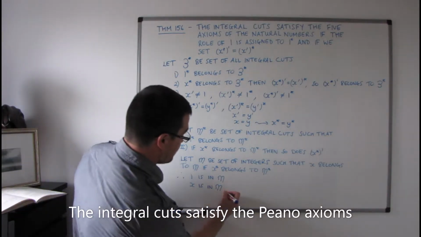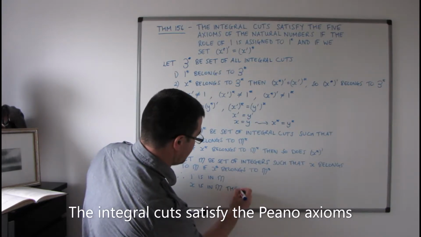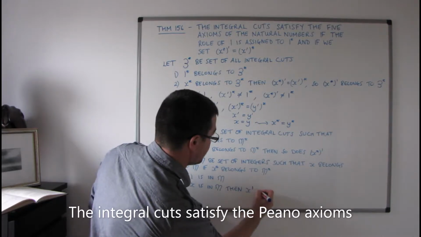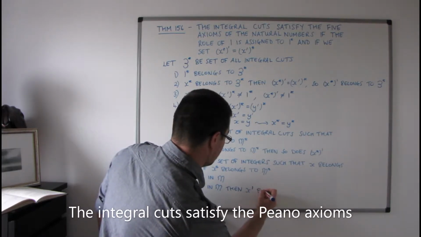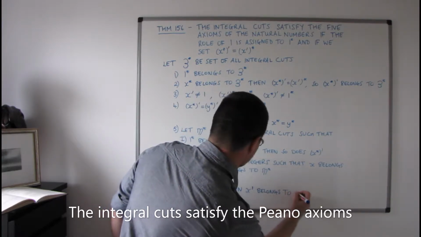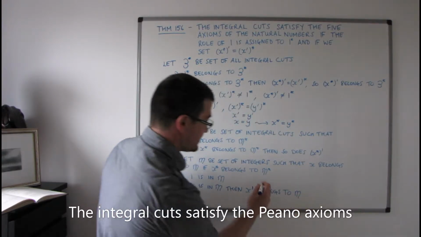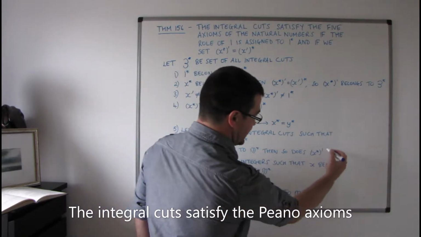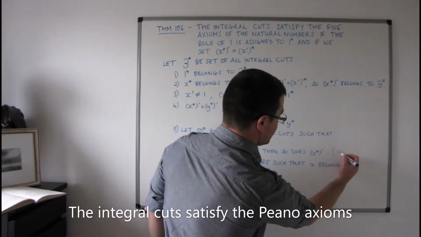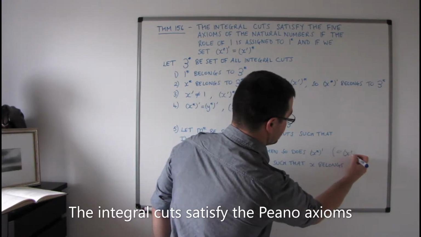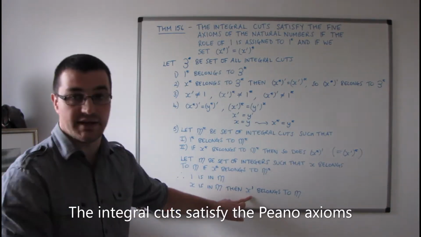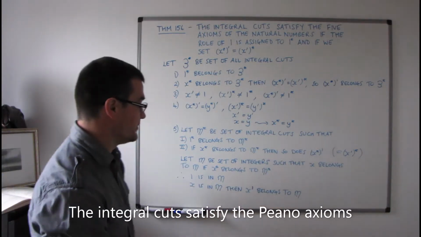So if x is in m, then x primed belongs to m. So here we're using the fact that x star primed is equal to x primed star, which is allowing us to make this conclusion that x primed is going to belong to m.